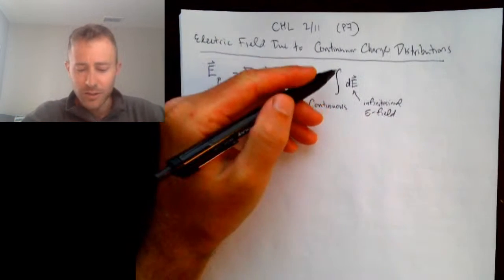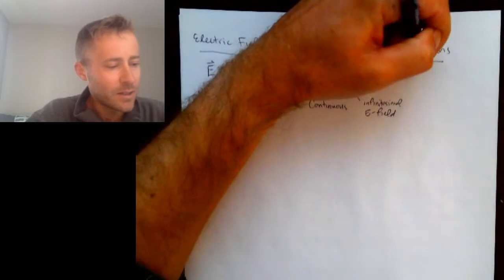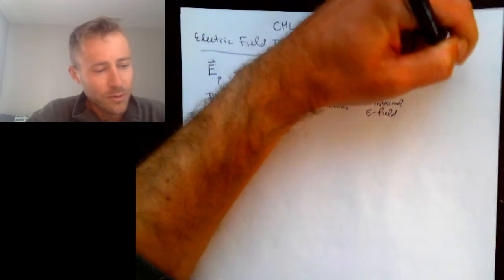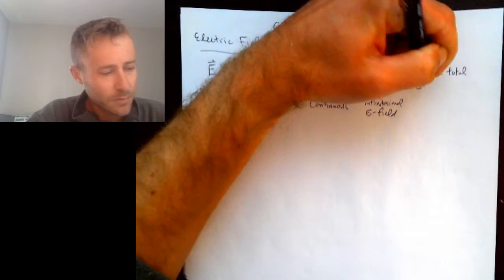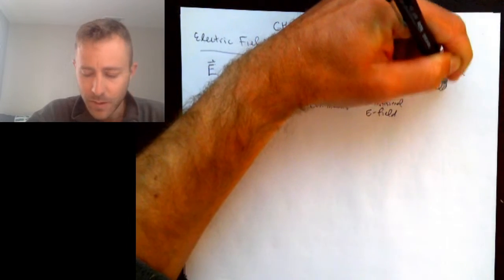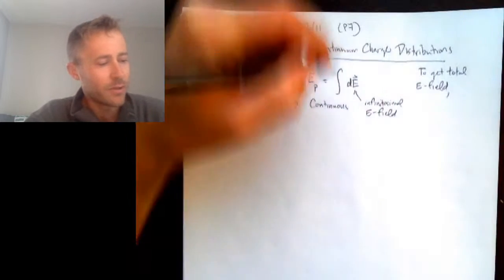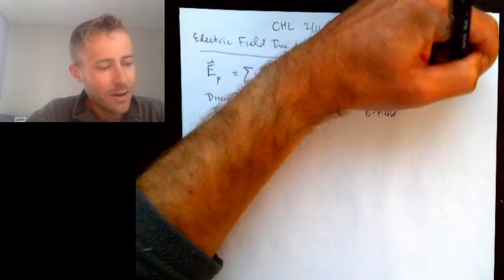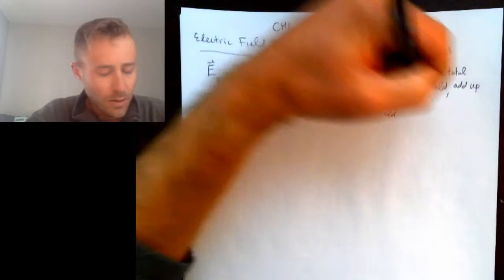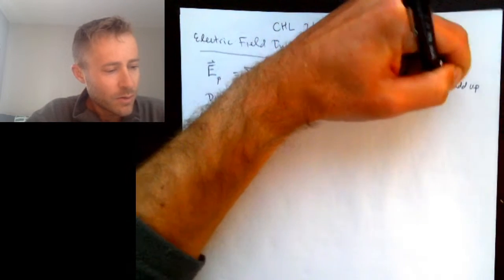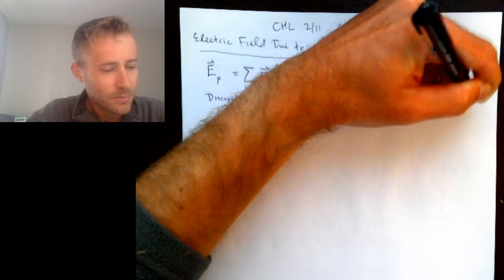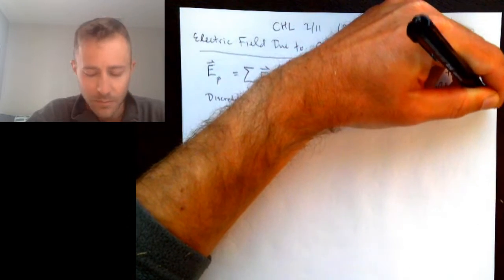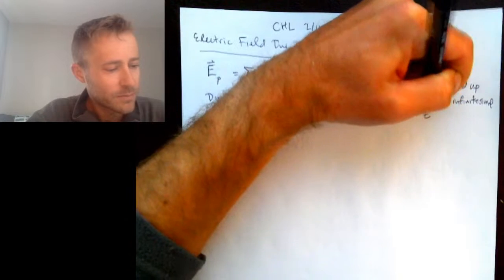So what this says is to get the total electric field, what we're going to do is add up all the infinitesimal electric fields.